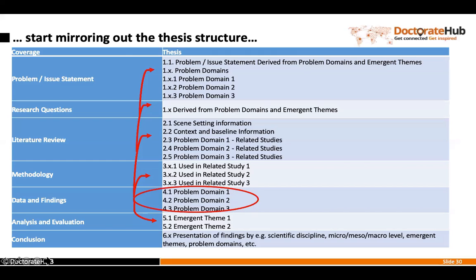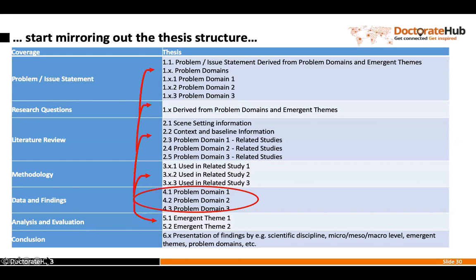And at this point, one very well can start to map out or mirror out the entire thesis structure by gradually building up the specific points of the thesis. And again, the data and findings provide a suitable means for doing so. They allow you, for example, to make sense of the literature, like what am I looking at and why. They allow you to understand what has been used from related studies methodology-wise and in which context.